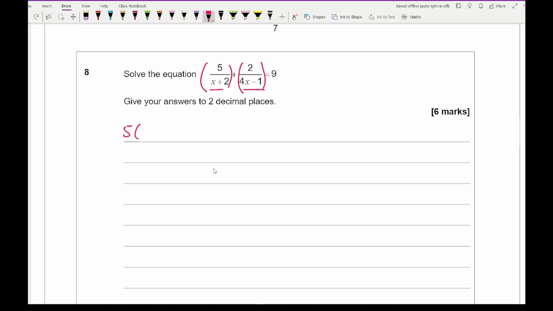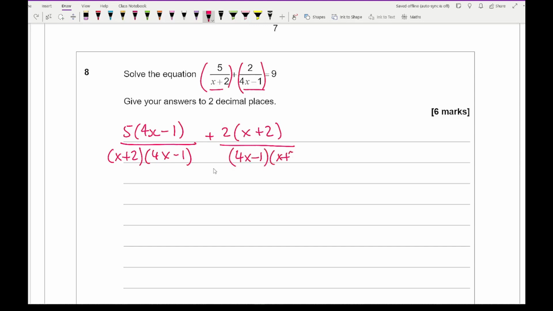So what I end up with is 5 lots of 4x minus 1, and the common denominator is going to be x plus 2 times 4x minus 1, plus 2 lots of x plus 2, over 4x minus 1 times x plus 2, and that equals 9.